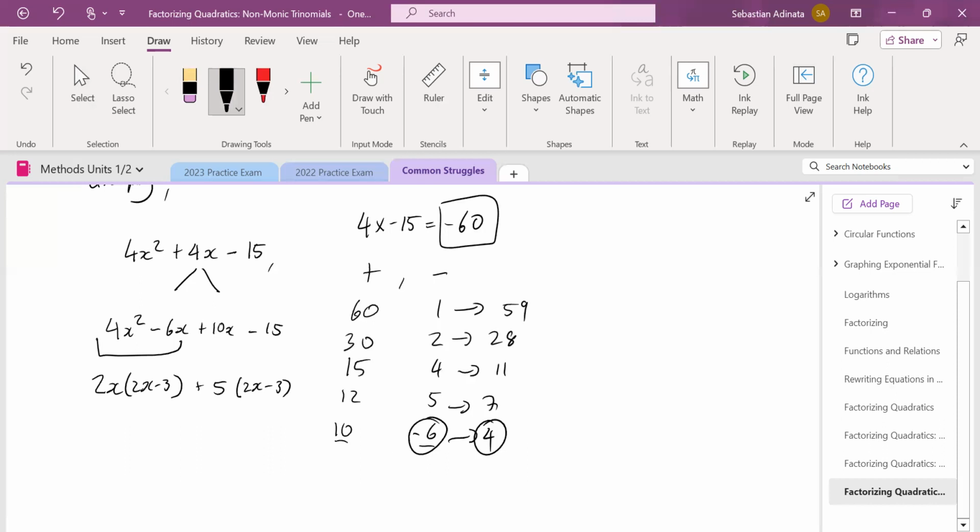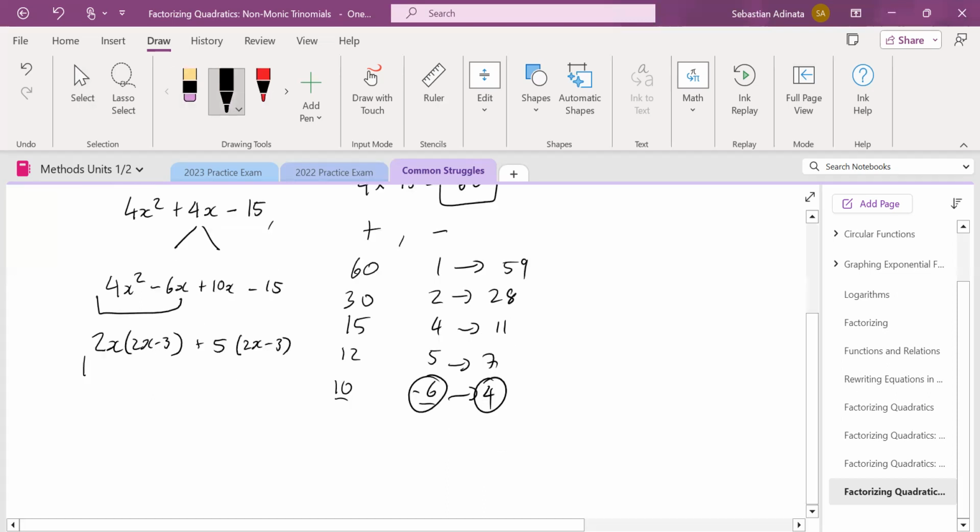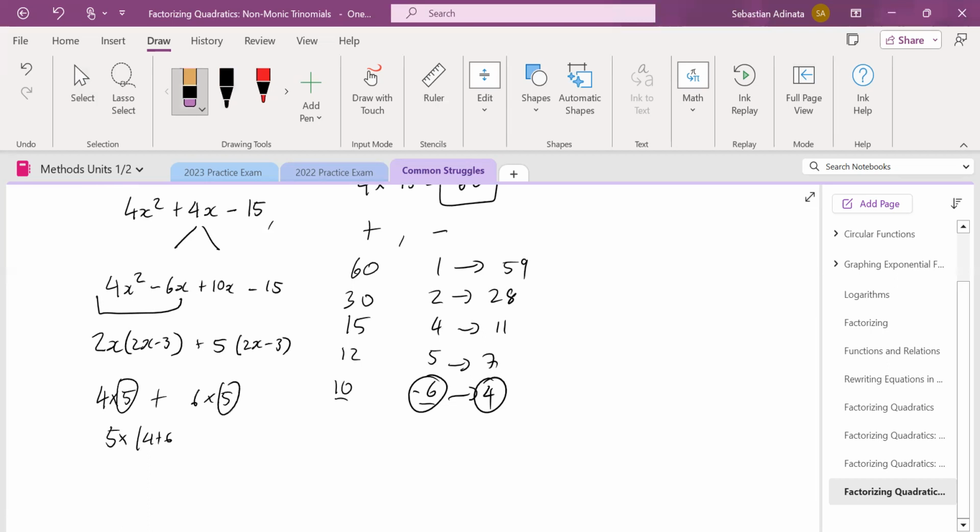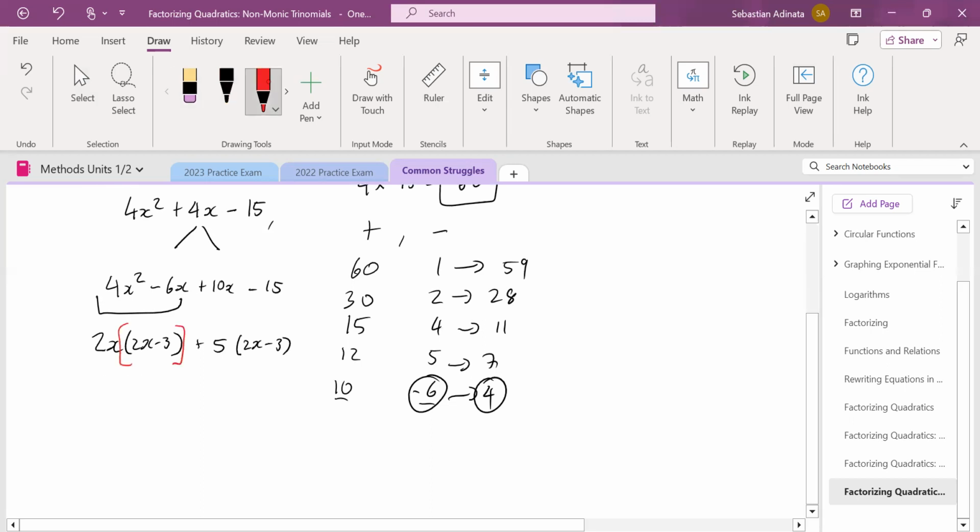Now, if you've done this step correctly, whatever is inside the brackets will be the same. Now, if you imagine doing highest common factor once again, if you had 4 times 5 plus 6 times 5, this is equal to 5 times 4 plus 6, because the highest common factor is 5. In this case, our highest common factor between number 1 and number 2 is 2x minus 3.